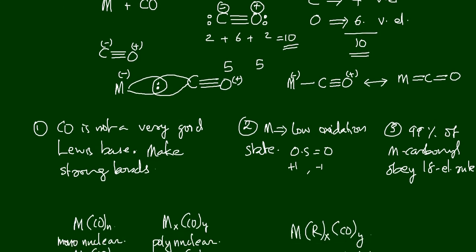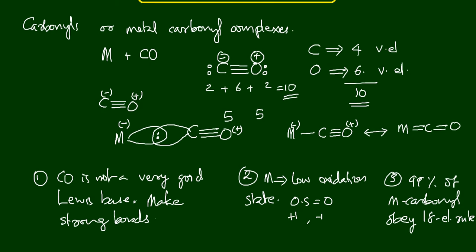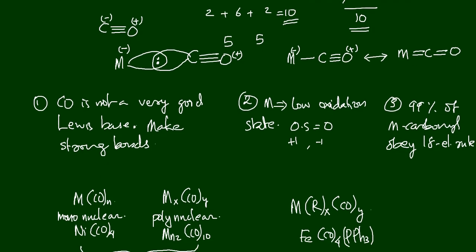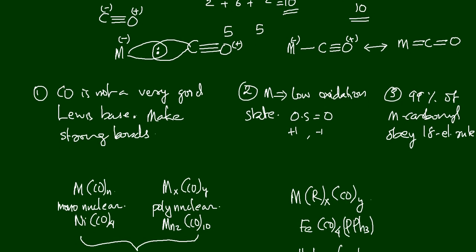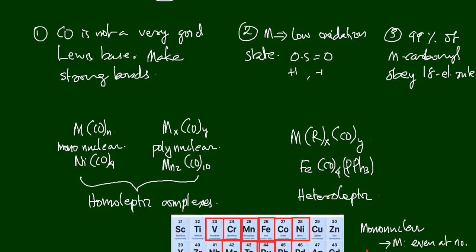We will talk about the bonding in detail later. In the coming video, I will explain the bonding in a much deeper fashion, so then you will understand it more clearly. Today I gave only a rough picture of the bonding, just as an introduction.